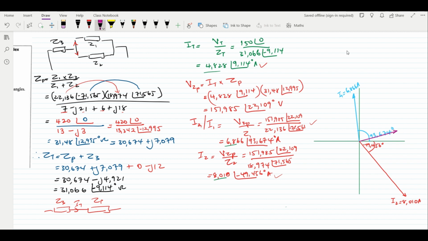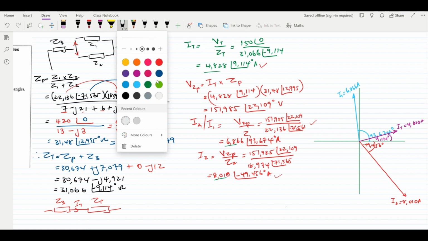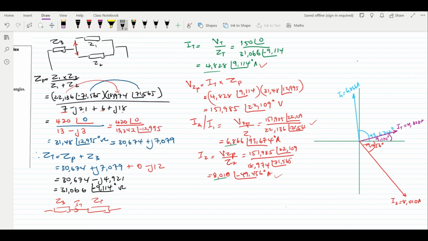That will be my IT, which is equal to 4.828 amps, acting at an angle of 9.114, just like that. So what I would do after is I would then connect this with dotted lines, just like that. So I have now completed drawing the phasor diagram.